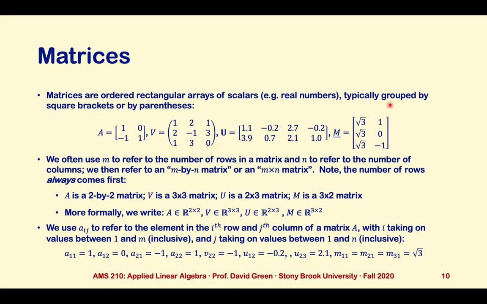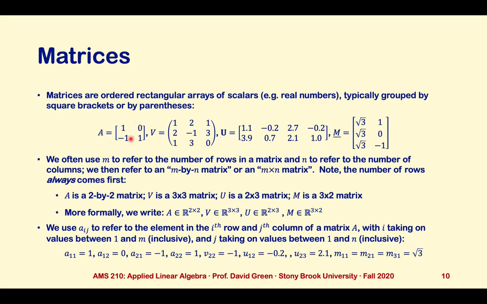We usually group these using either square brackets or parentheses. I tend to use square brackets, but parentheses are also fairly commonly used. And so we might write down matrices that look like this.